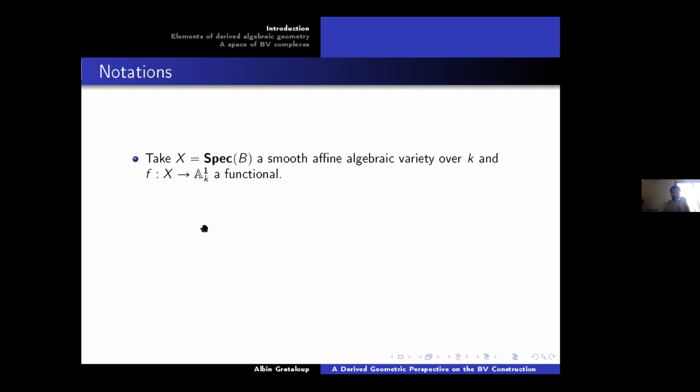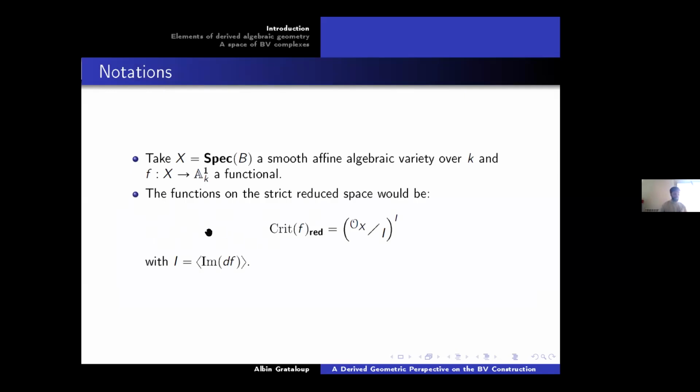First I will introduce some notations and what we want this construction to look like in the end. As I said, it's going to be all about toy models, so I'm working in the setting of algebraic geometry. I take a space which is a smooth affine algebraic variety over a field of characteristic 0, and F a functional.